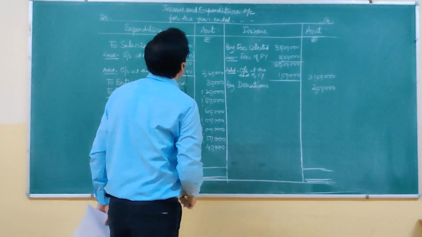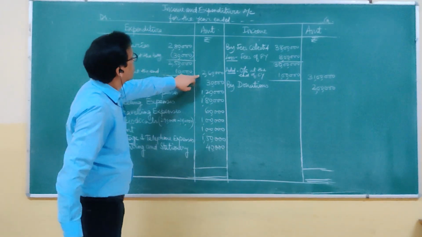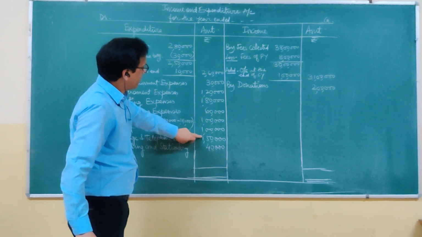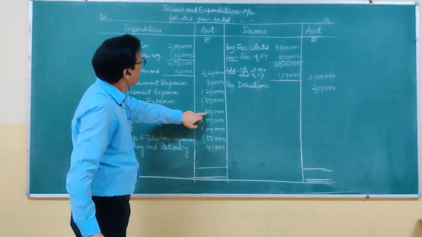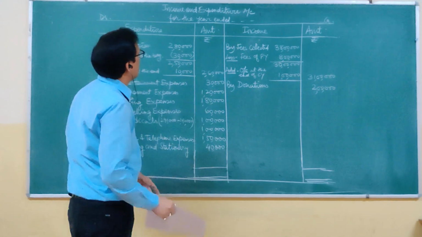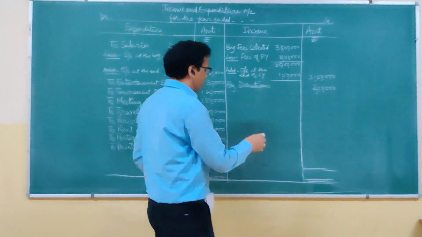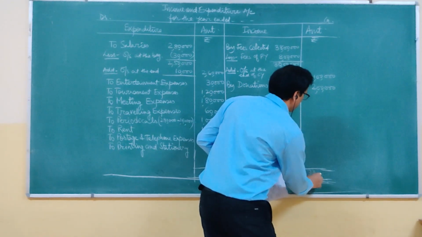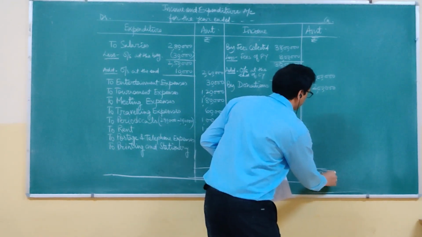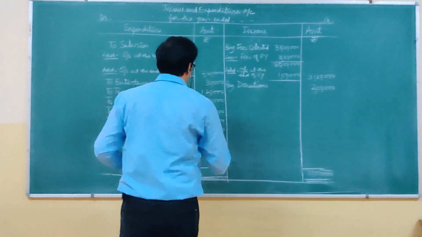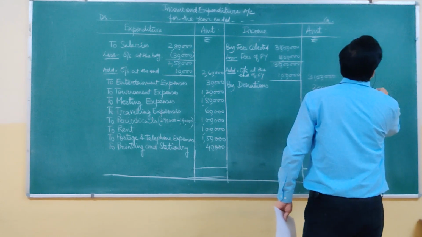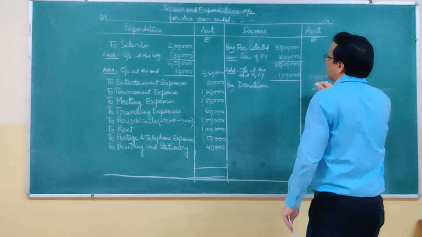That side it is 33 lakh rupees, and here it is very less than that amount. So here we have 33 lakhs. And from 33 lakhs, we subtract the total of the debit side.